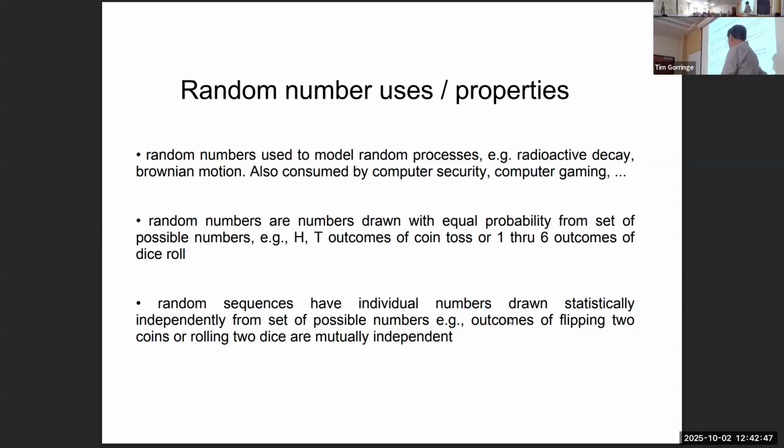That's another example. In physics simulations, we're generating millions or billions of random numbers in a sequence. We don't want the next random number in that big sequence to depend on the prior ones.